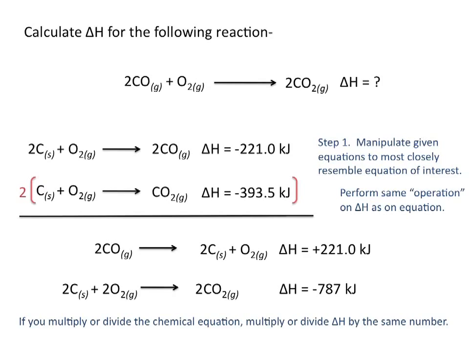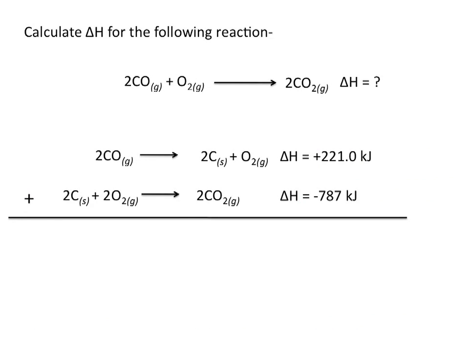So if the reaction carbon plus O2 gives us CO2 had a delta H value of negative 393.5 kilojoules per mole, then the reaction 2 carbon plus 2 O2 gives us 2 CO2 has a delta H value of negative 787 kilojoules per mole.